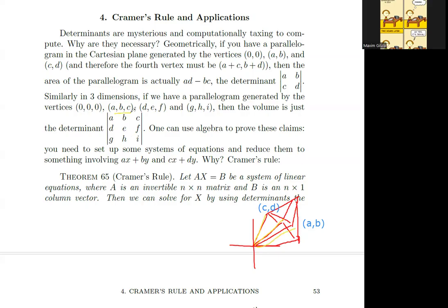And the sides have vertices at A, B, C, D, E, F, and G, H, I. Then the volume of this thing is actually the determinant of A, B, C, D, E, F, G, H, I. And you can use algebra to prove this. So you could set up systems of equations, with cosines, sines, whatever the angles are, and you'll see that they'll end up depending on ax plus by and cx plus dy. And the determinant, ABCD, will appear somewhere in your computation.